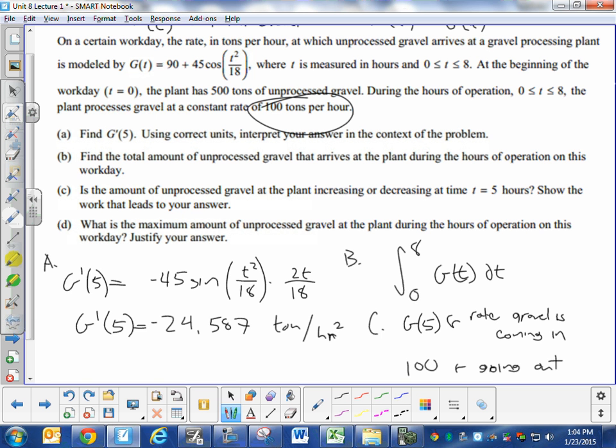And then finally, what is the maximum amount of unprocessed gravel at the plant during the hours of operation on this workday? Justify your answer. How do we find maximum amounts?